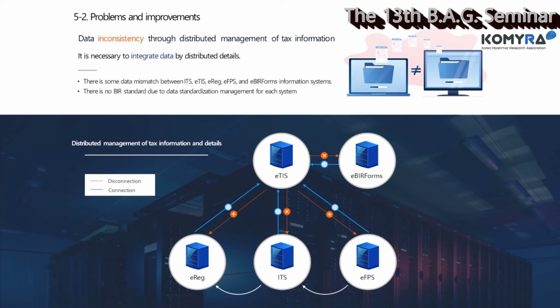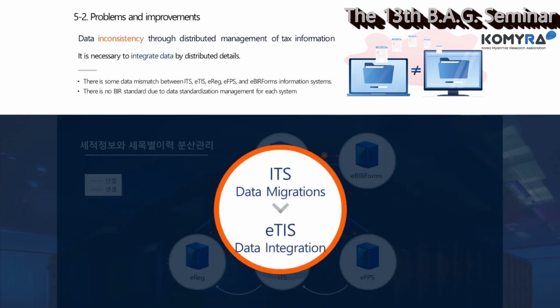There is some data mismatch between the ITS, ETIS, BAG, EFPS, and eBIR forms. There is no BIR standard due to the lack of data standardization management for each system. We will present a way to integrate the multiple systems.